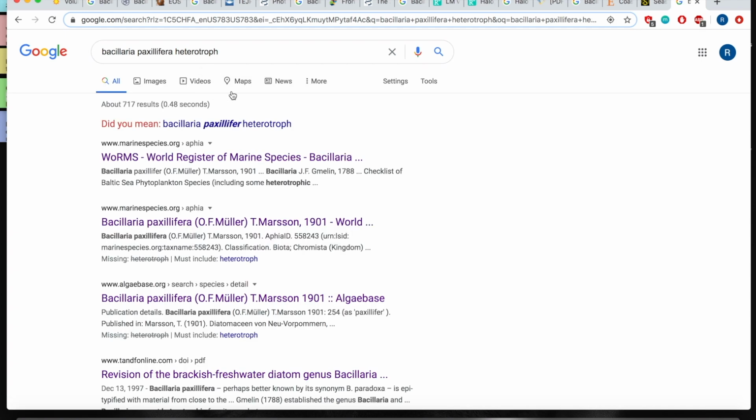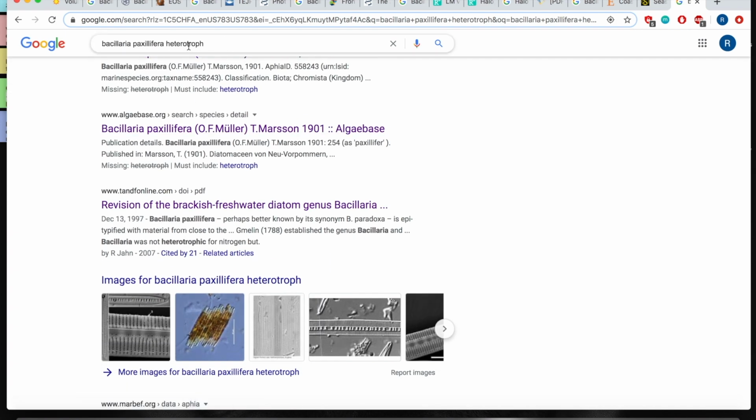I tried it with chemotroph, phototroph, every combination, and none seemed to work. So I annotate unknown because I can't find a source that is explicitly stating its metabolism.